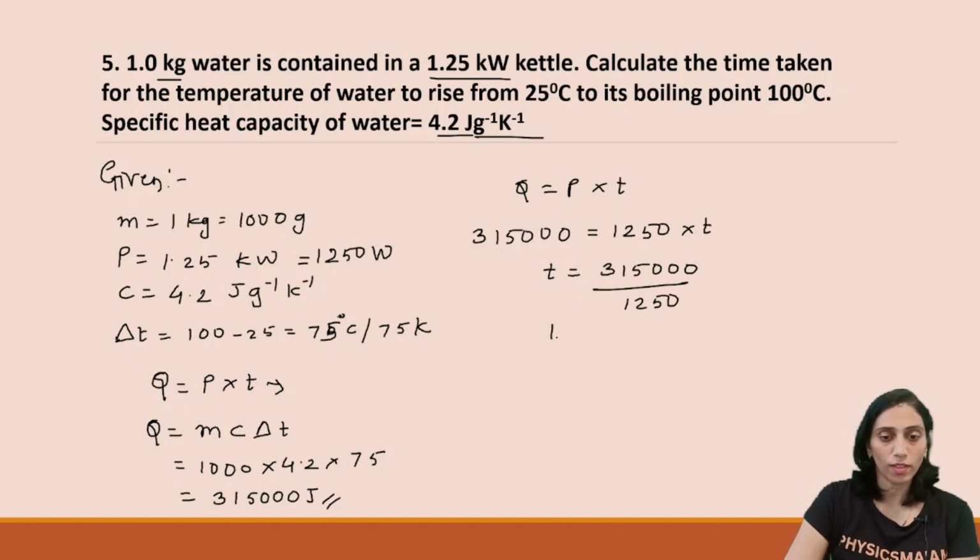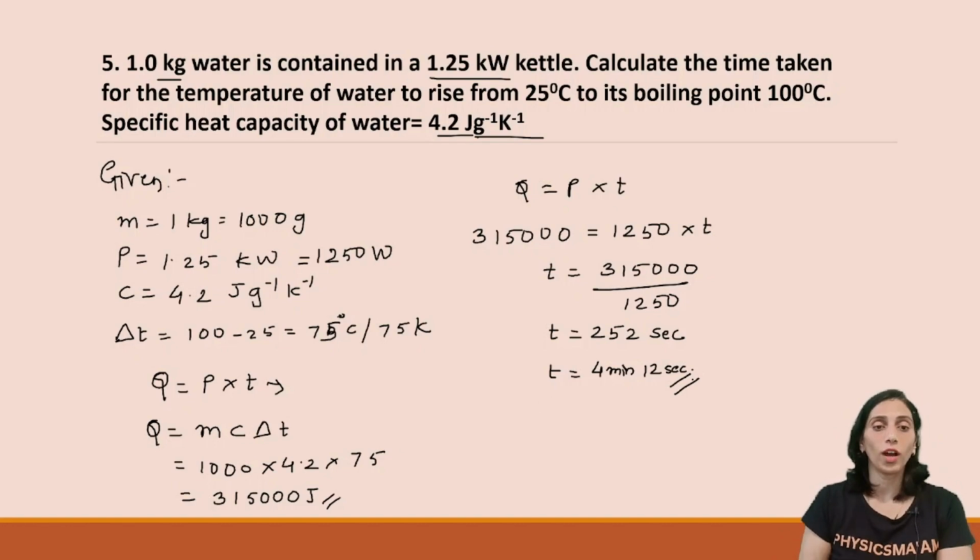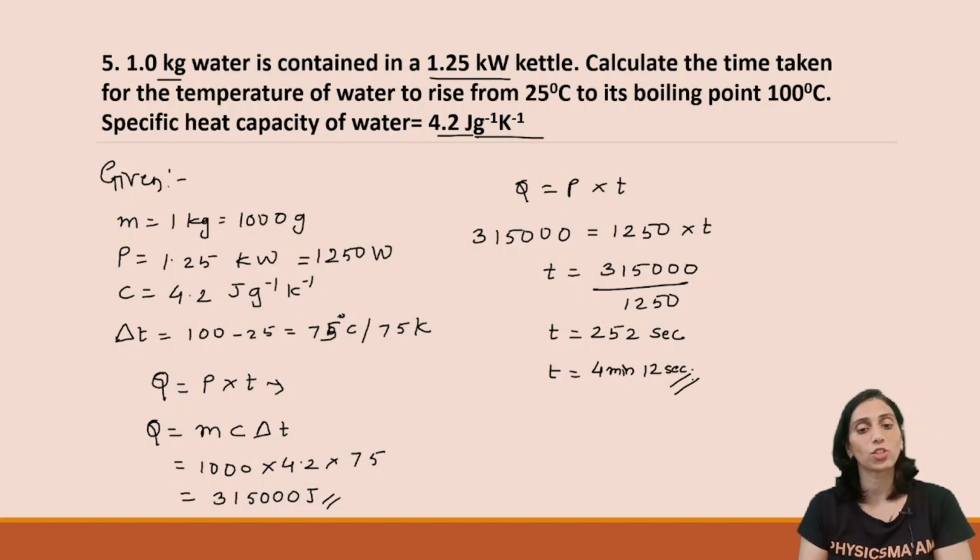When you solve this, you will get the time as 252 seconds, right? If I split this, that becomes 4 minutes and 12 seconds. So how much time was required to heat that water from 25 to 100 degrees Celsius? It took around 4 minutes and 12 seconds.